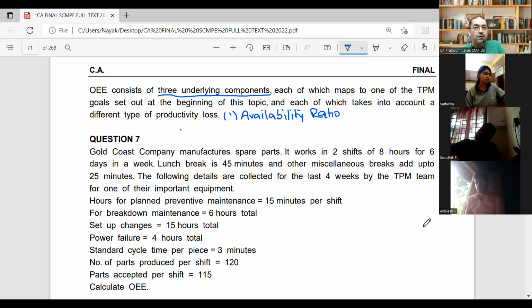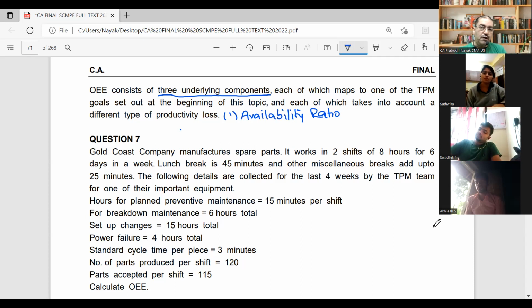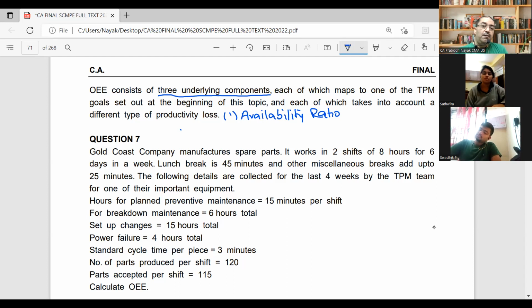Availability ratio is the number of machine hours available for production divided by the total number of hours available of the machine. So let us say the total number of hours available of the machine is 8 hours per day. But we are using only 6 hours per day. So it will be 6 upon 8, that is 75%.